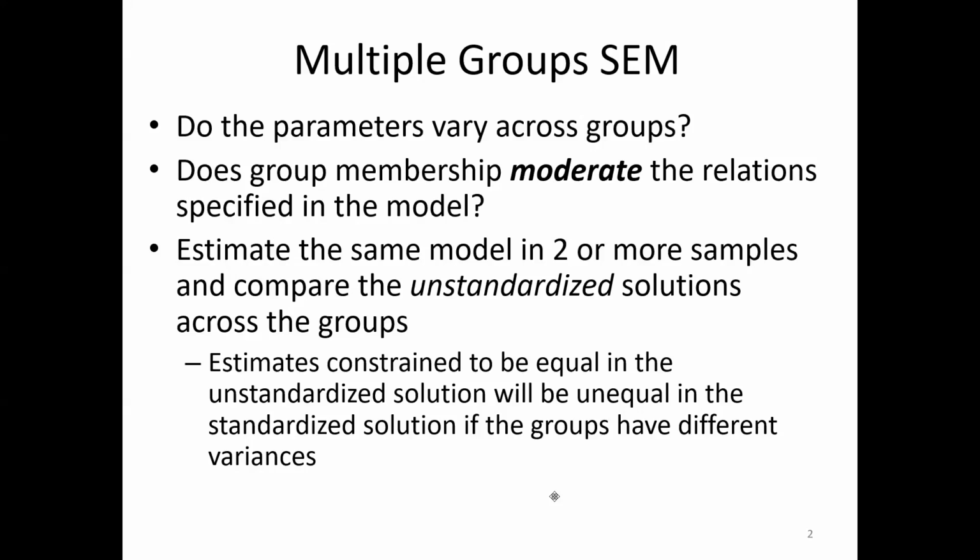Maybe my measurement of motivation works differently in one group than another group, right? And if the actual measurement of the variable isn't the same across the two groups, then it's not necessarily fair to compare the means across the two groups, right?